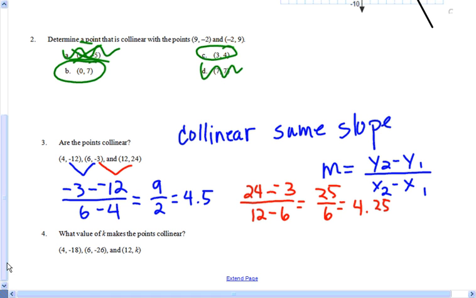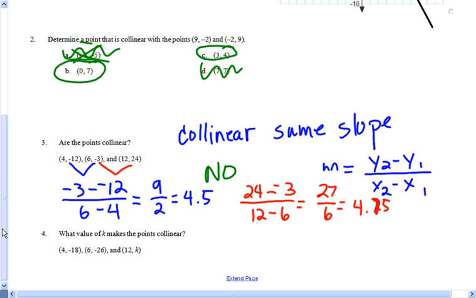But I did make a little mistake here. 24 minus -3 is not 25, that's 27 divided by 6, and that's 4.5... actually 4.75, which isn't the same. So they are not collinear. We need to get the exact same number. Okay, so my answer is no.